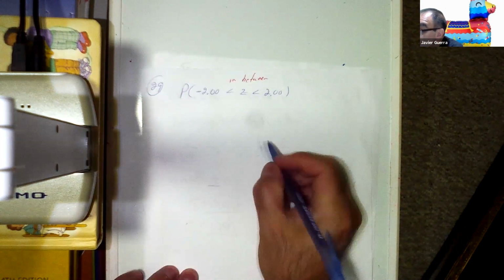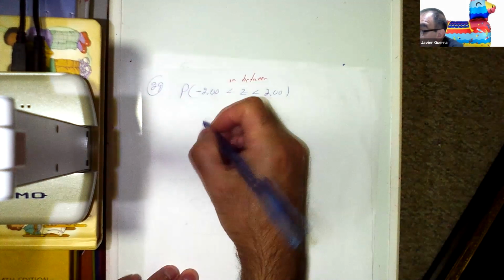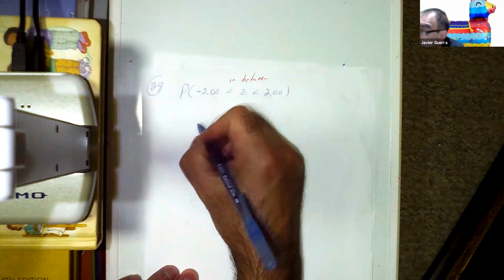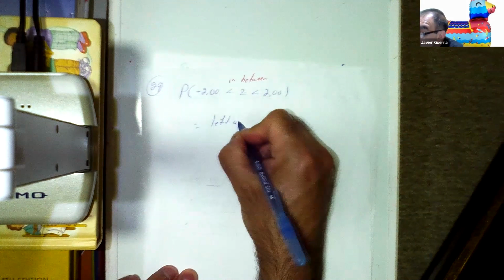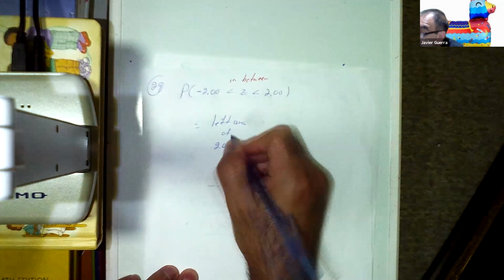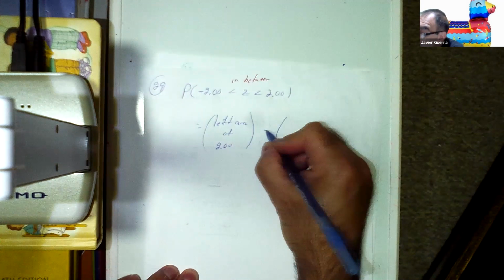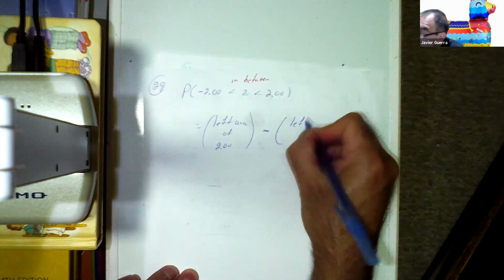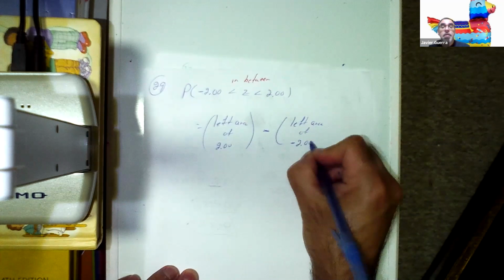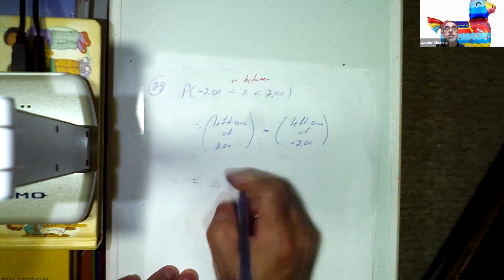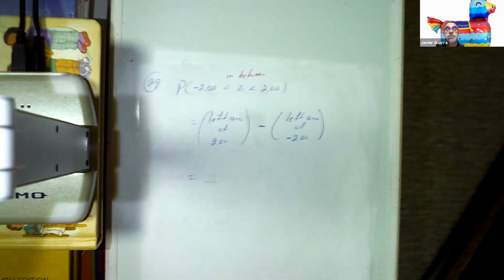We're going to look up the left area of positive 2.00, and then subtract the left area of negative 2.00. Okay, so let's look them up: 2.00, negative 2.00.